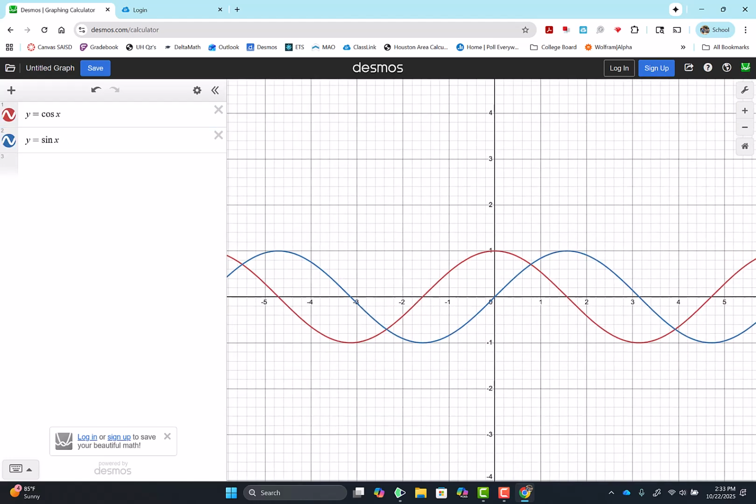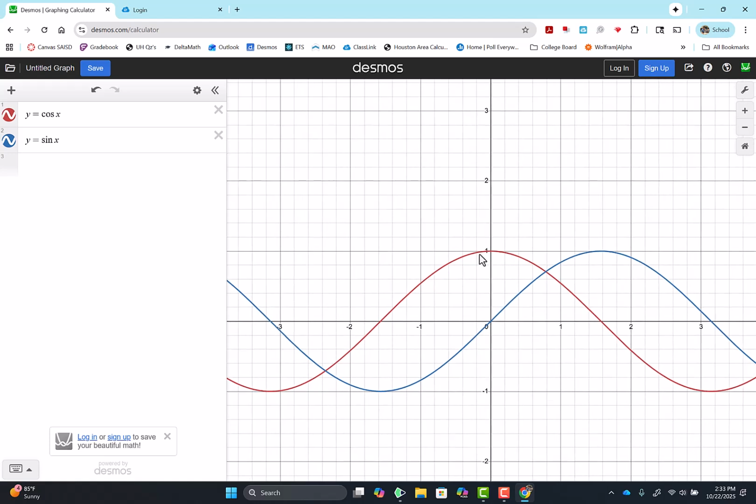Do you guys see the blue and the red? This peak is at 0. This peak for the blue curve, that's a sine curve, is at pi over 2. Well, yeah, sine of pi over 2 is 1. See how they just differ by pi over 2? If I move this blue curve pi over 2 to the left, it'll be that red one. Or conversely, if I move that red one pi over 2 to the right, it'll be that blue one.